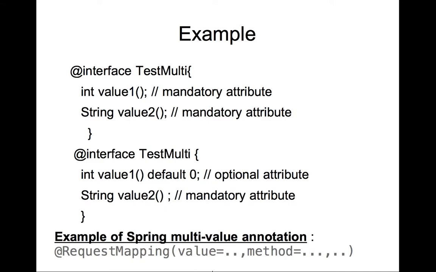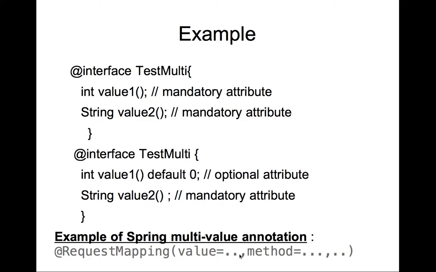In Spring based applications, we very frequently use RequestMapping. RequestMapping is a multi-value annotation inside the Spring controllers. If you are used to Spring based applications, in Spring controllers we use RequestMapping for providing the URL of the controller method.